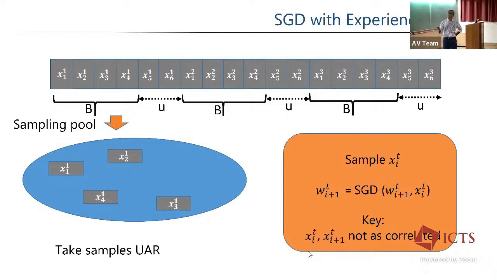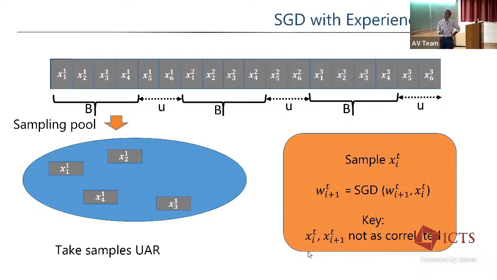So within a batch, we don't follow the ordering that was given; we are taking uniformly at random samples. And that then helps break these correlations that we had. Earlier, the issue was X2 is dependent on X1, X3 is dependent on X2, and the tight coupling was very hard to break. But now when I take a batch of points, and suppose the batch is reasonably large, let's say I have tau mix points or so, then I can break this coupling reasonably well by taking these uniformly at random samples.